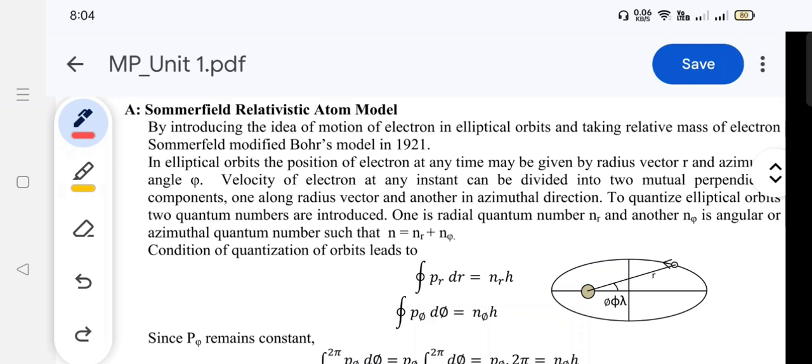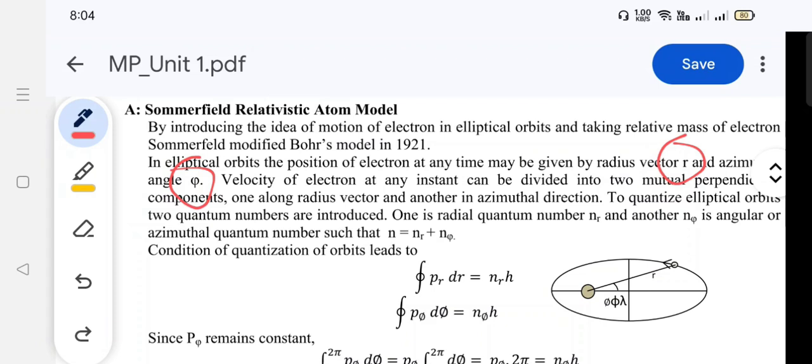Now let us suppose that at any instant of time the position of the electron in the elliptical orbit can be denoted by the radial vector r and the azimuthal angle phi. The velocity of the electron at any instant can be divided into two mutually perpendicular components, Vr and V phi.